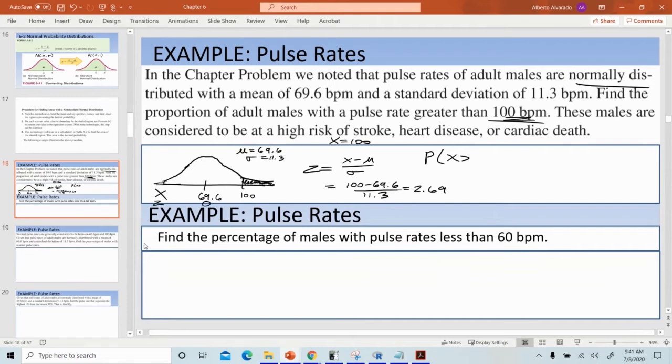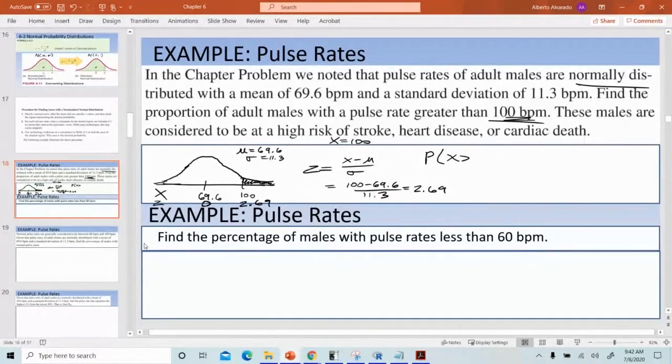The z-score, the middle is 0, and I just calculated the 100 as 2.69. So I have two axes here. X is the real axis of pulse rates. Z is our standard normal curve that we changed this 100 to. The mean is always going to be 0 for the standard normal curve.